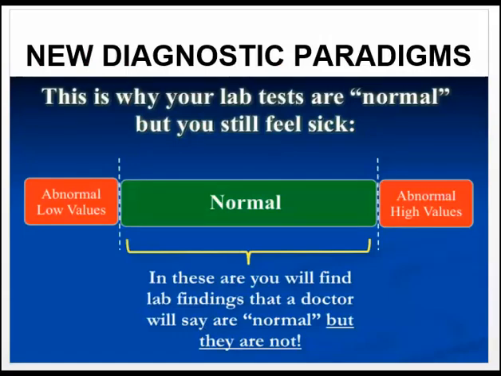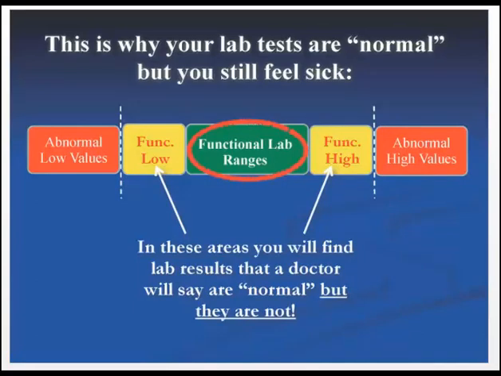So, a new diagnostic paradigm. You go to the doctor's office again, and they tell you that everything is normal. However, you still feel sick. And that's primarily because we need new ranges. We need these functional lab ranges to help us determine ahead of time whether something is going to develop. We can take the same blood work that your conventional medicine doctor uses.